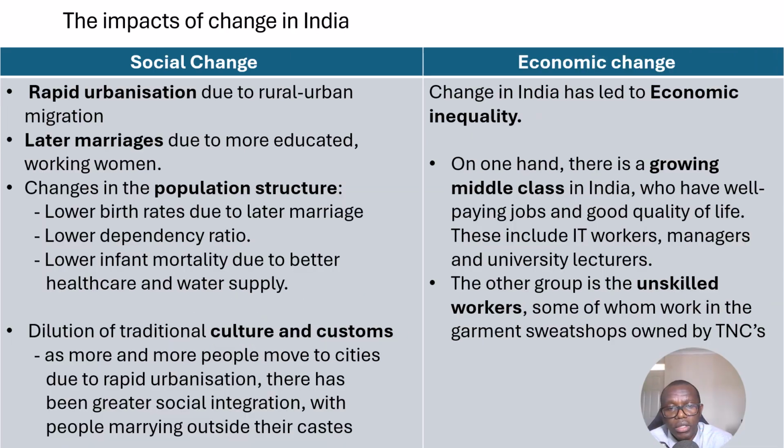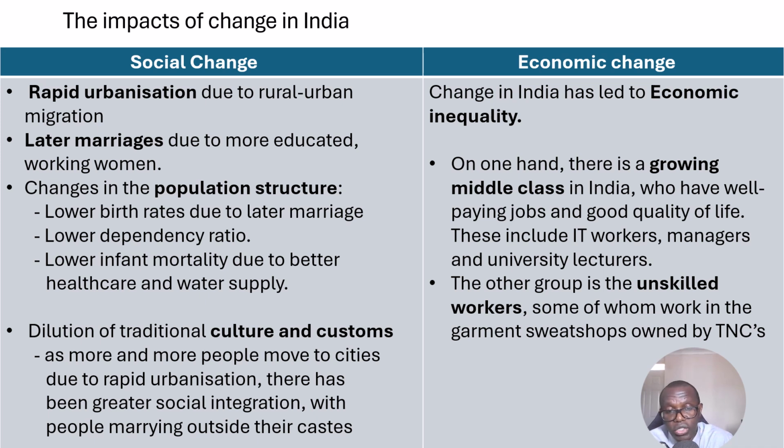In this section, we'll look at the impacts of change in India, which are mostly brought about by economic development. So we've categorized those impacts into social change and economic change. And the first social change we will look at here is rapid urbanization.